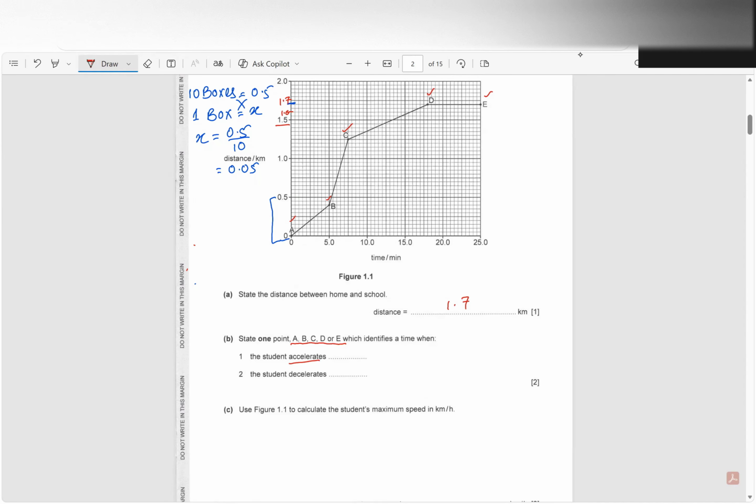We're simply going to look at the graph. The graph is a distance time graph. And as we know, a distance time graph's slope, the gradient, is always going to give us the value of the speed.